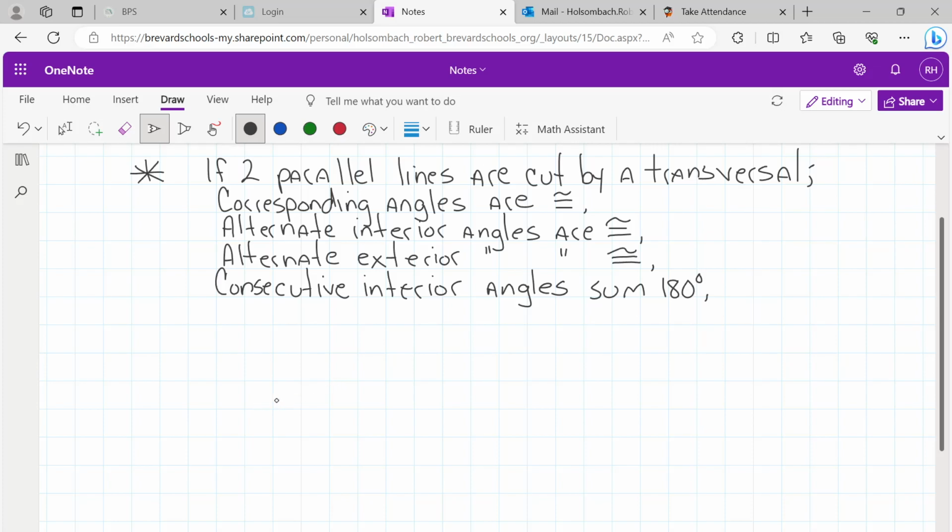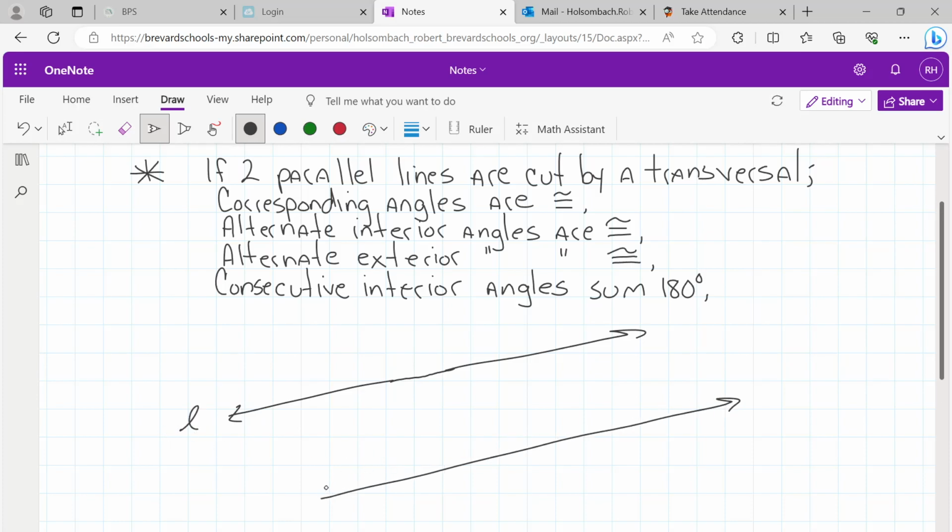So if we take, we're going to draw 2 parallel lines now. I'm going to call this line L, the bottom line, line M. Cut them with a transversal.